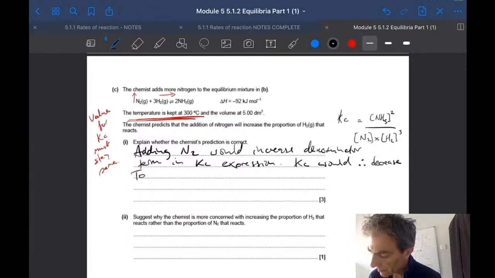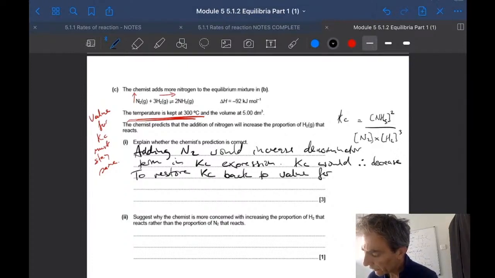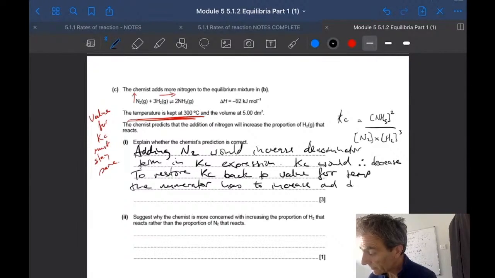To restore Kc back to its value for that temperature, the numerator has to increase and the denominator decrease.